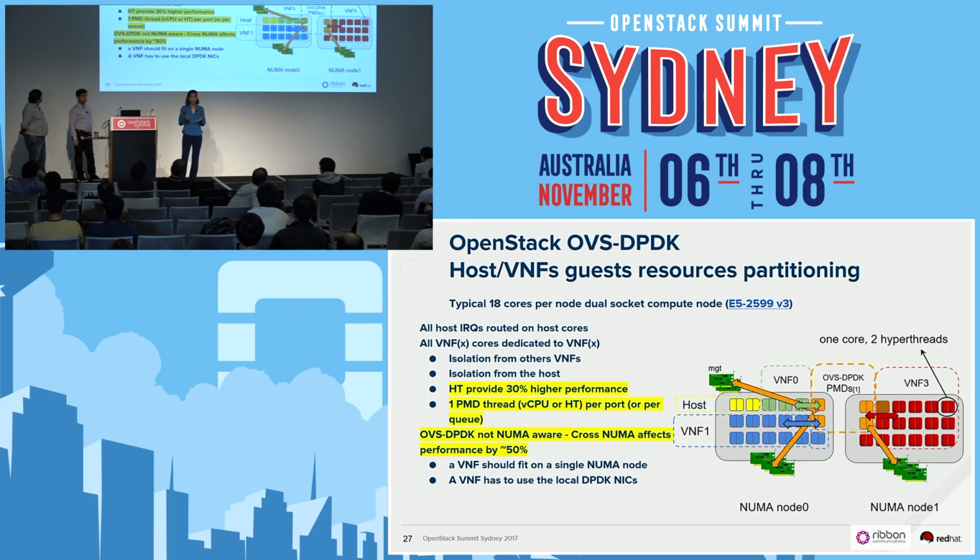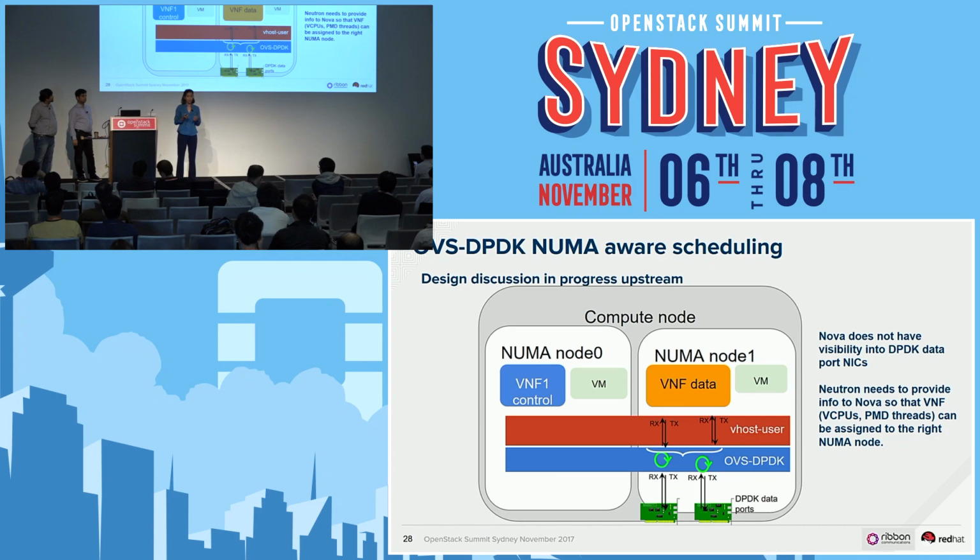We're also saying that OVS DPDK is not yet NUMA ready. If you're running cross NUMA, you're going to see at least a 50% hit in your performance. What we mean by this is there is a discussion going on upstream, and the design is under discussion, but this is the basic issue: a VNF needs to be allocated on a NUMA node that has the DPDK ports.